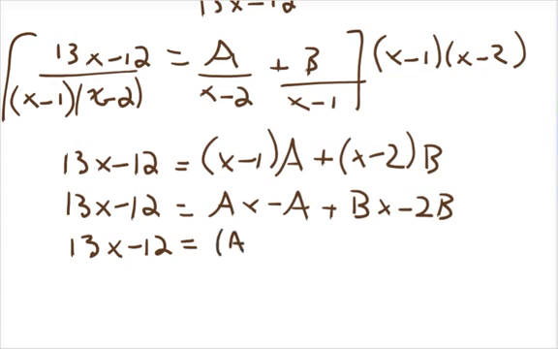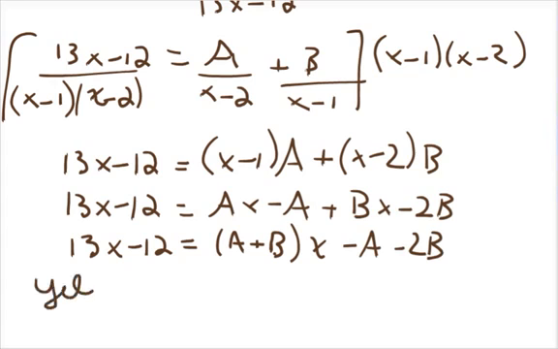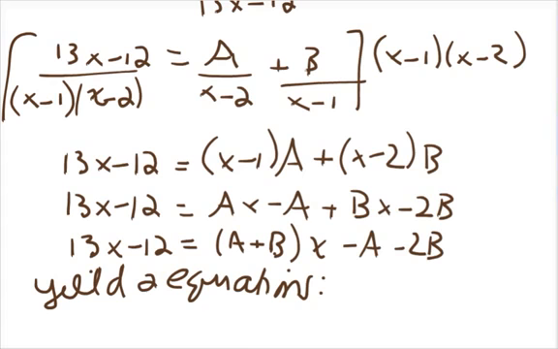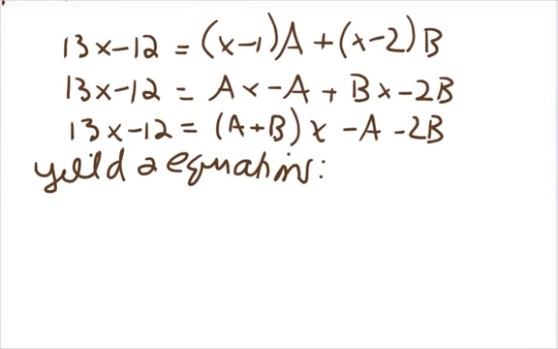Collecting the terms, we have (A plus B)x minus A minus 2B. That's going to yield two equations. It's going to yield A plus B is equal to 13.